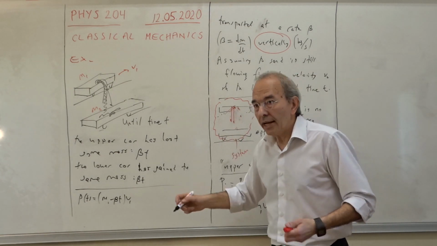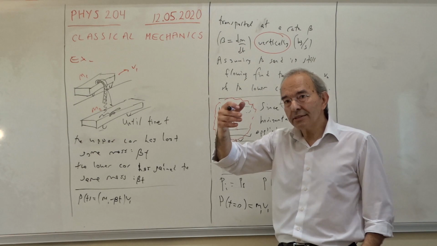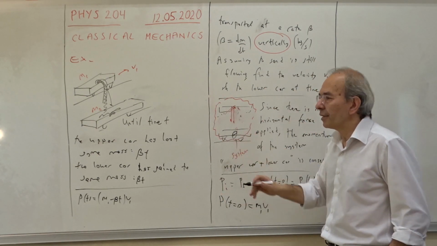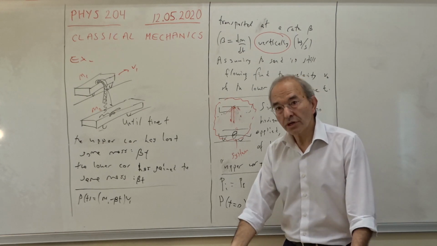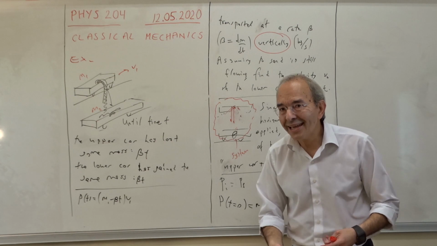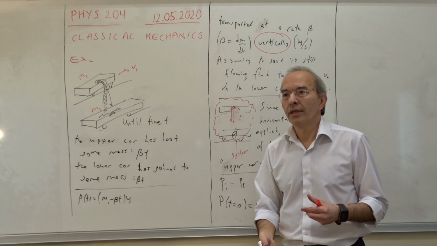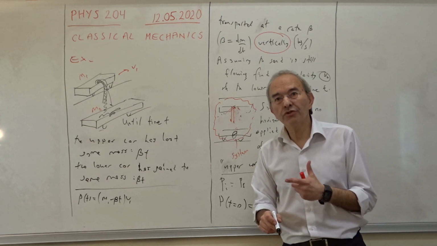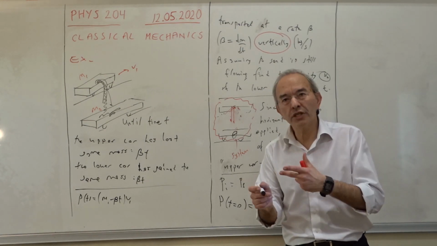However, since the particles already having some velocity are falling into the lower car, it slowly starts to move because of the gained momentum. So that's why we will find this final velocity v2, or v of t.